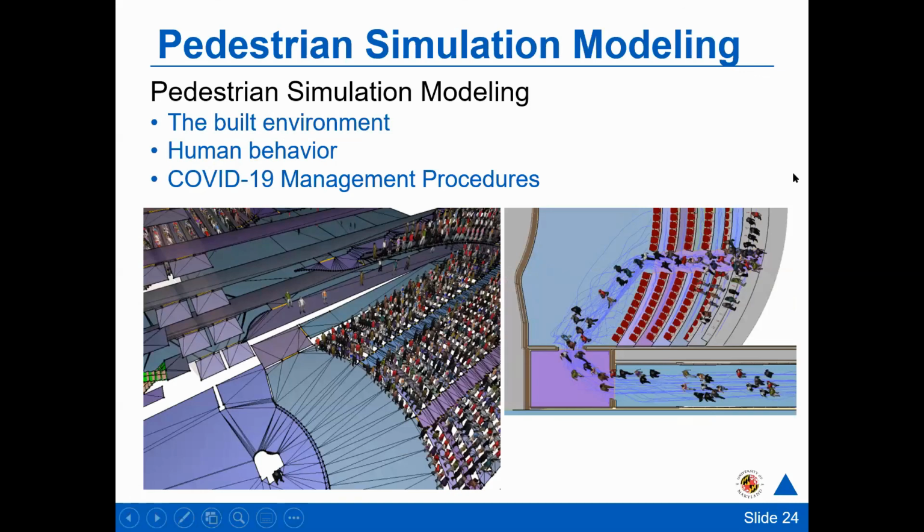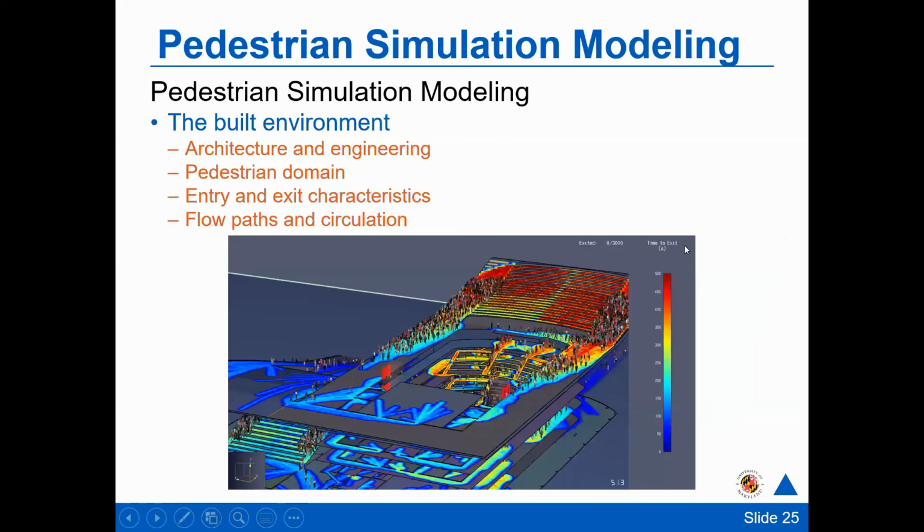A couple key considerations that go into the simulation modeling is firstly, understanding the built environment, understanding human behavior, and this is where fire protection engineering in particular has a very strong and rich history, and then incorporating some of those COVID-19 management procedures. So within the built environment, the way that I kind of conceptualize it is, what is the architecture and engineering around these spaces?